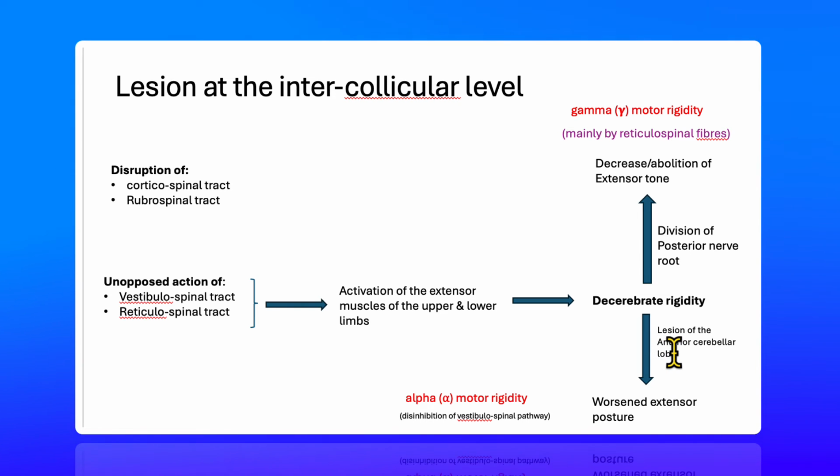And what happens if there's a lesion of the anterior cerebellar lobe? When this is done, the decerebrate rigidity, the extensor posture, worsens.